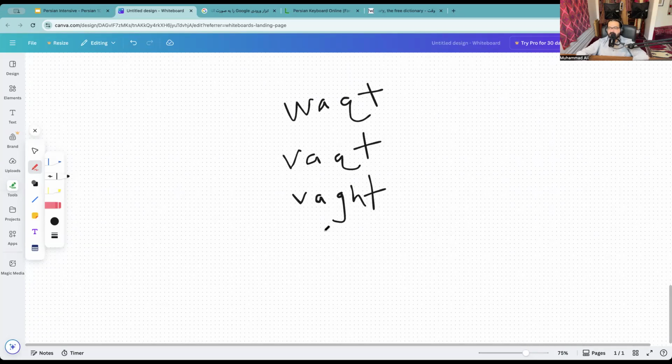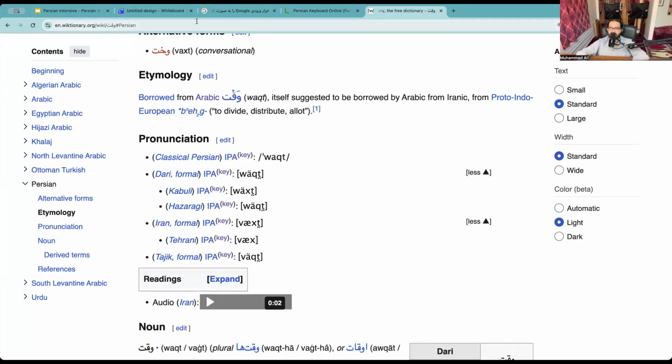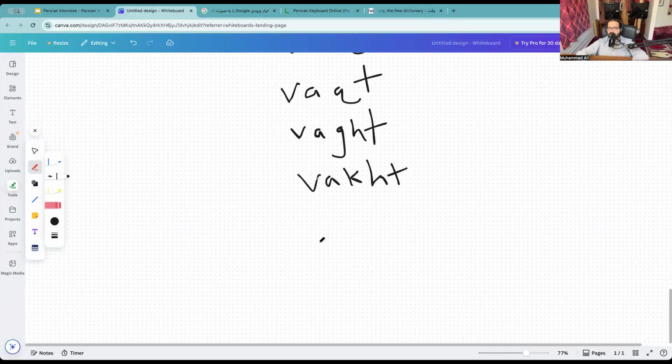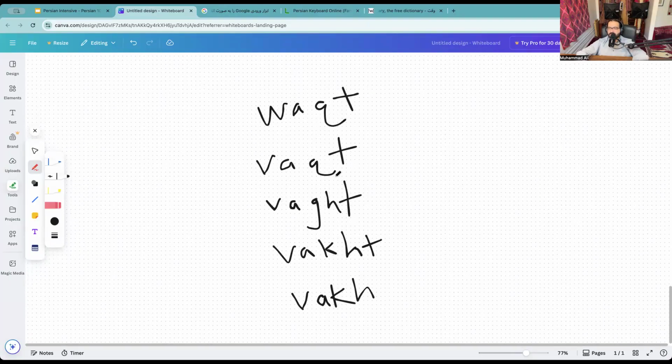But then over time, that became further simplified to vacht, and then even simplified to vach sometimes. Man yevach goftam instead of man yevacht goftam. So you can see how words evolve over time.